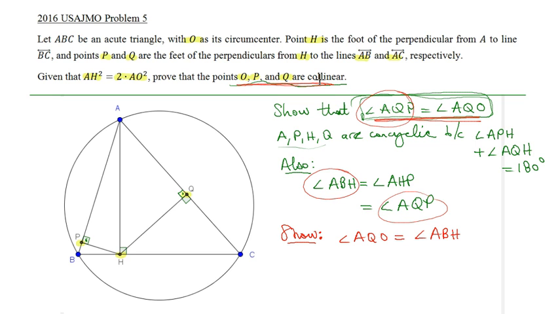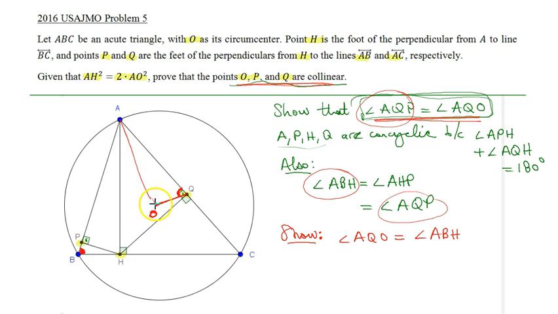So for instance, let's assume O is somewhere here. So that's our circumcenter. So we want to show that the angle ABH, so this angle here, is equal to AQO, this angle up here. In fact, the way I will be showing this is that I will prove something stronger.